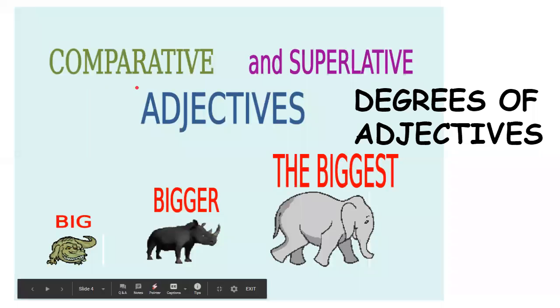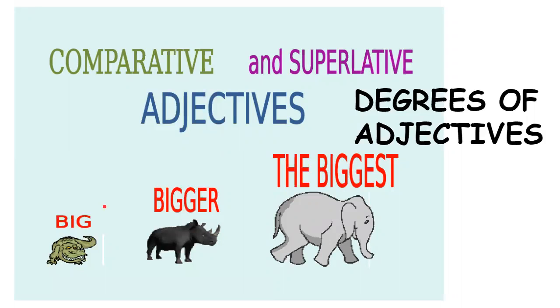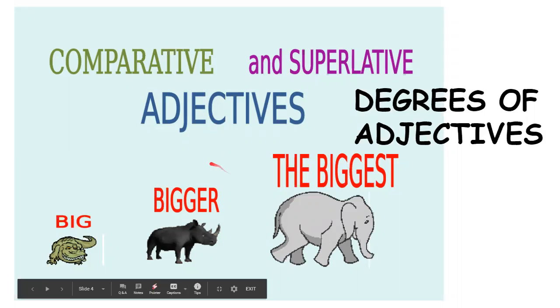There are basically 3 degrees: big, bigger, and the biggest. Comparative is when I compare between two. Superlative is something which stands completely outside, which is the best amongst a group.